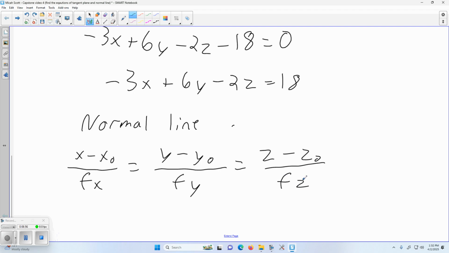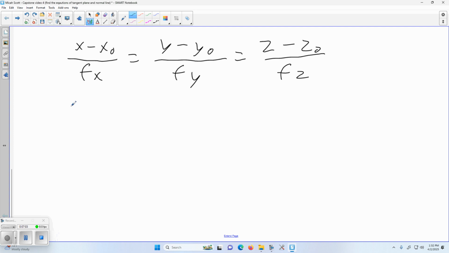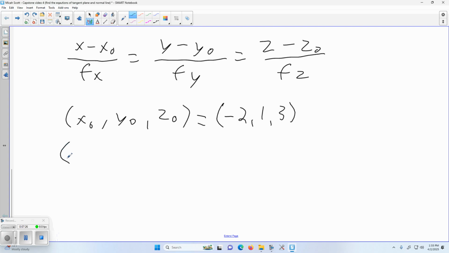In simpler terms, our original point was (-2, 1, -3), and using the gradient again, I'm just going to label it as a, b, and c, which equals -1, 2, -2 over 3.